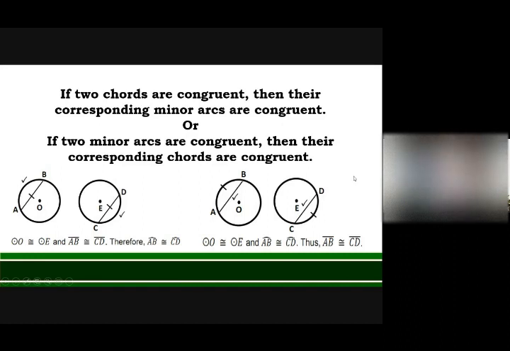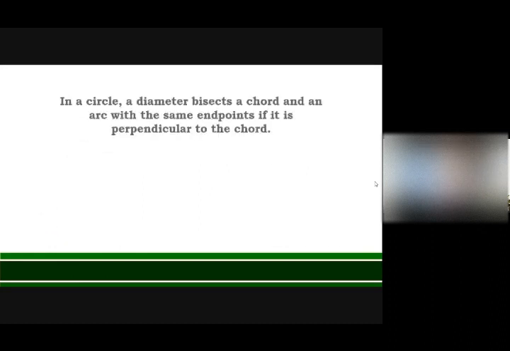Let's have another theorem. Okay. In a circle, a diameter bisects a chord and an arc with the same endpoints if it is perpendicular to the chord. Okay. So sabi, a diameter of a circle, kung na-bisect niya yung chord with an arc, the same endpoint if it's perpendicular.